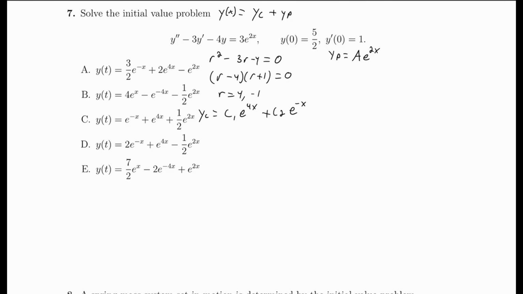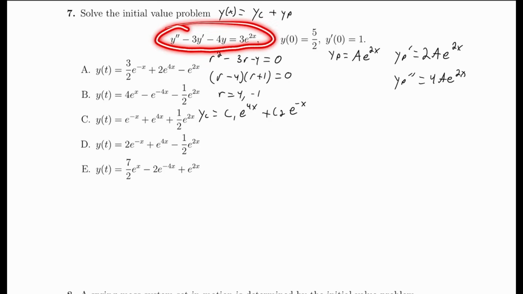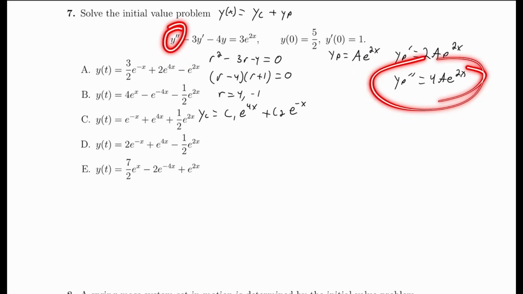We can differentiate and find that y particular prime is equal to 2a e to the 2x, and yp double prime is equal to 4a e to the 2x. Well, now I'll go back to our original differential equation and plug in our guess for yp. So y double prime is going to get this yp double prime going into there.